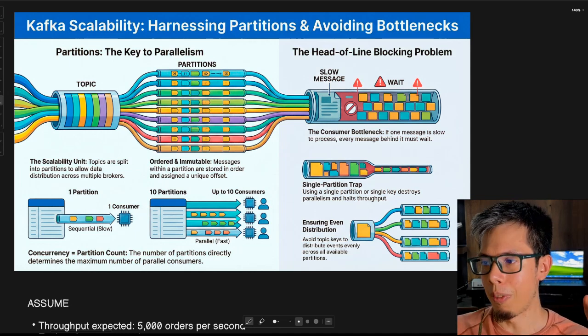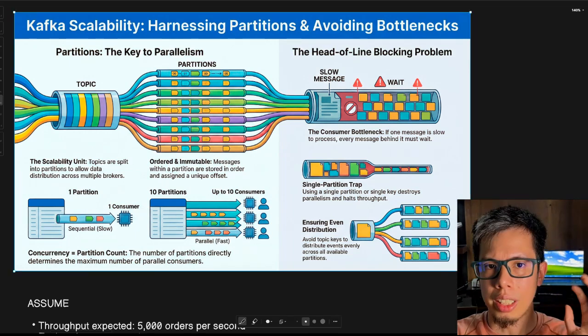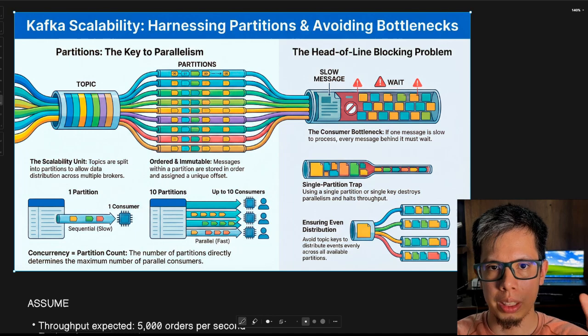So the first thing that we have to know is an explanation of how Apache Kafka works, to have a common understanding of this topic, and maybe enough context that later we can do the calculation. Okay, in summary, Apache Kafka is a system to work with events in parallel.